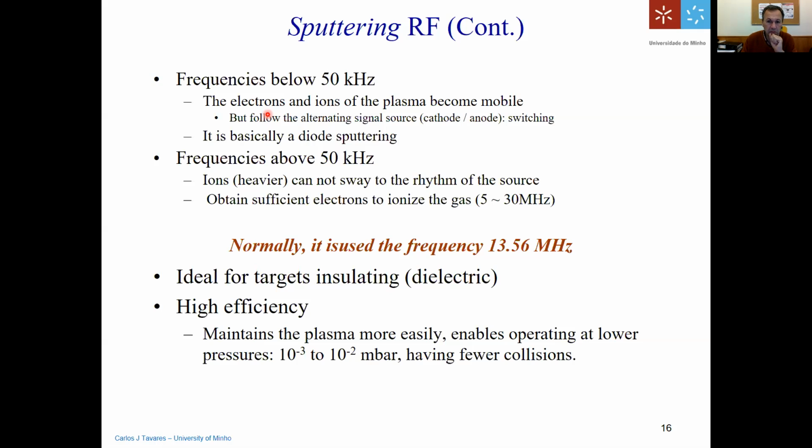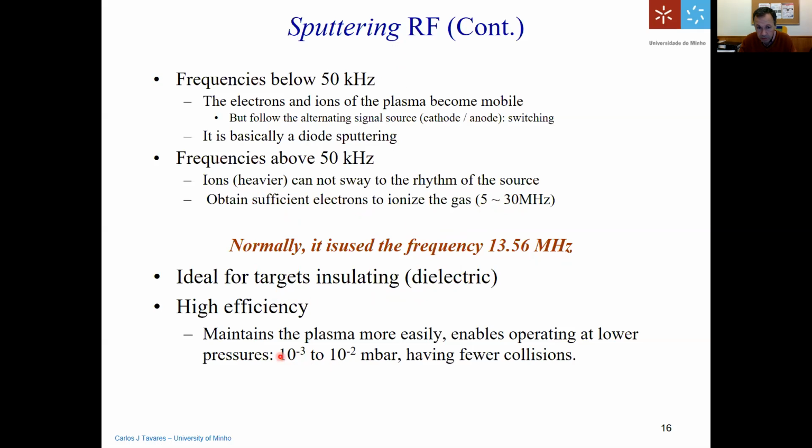Normally, we need frequencies between 5 and 30 megahertz to efficiently sway only the electrons, so that the ions will be unaffected by this alternating electromagnetic field. This frequency is important for targets which are insulators, which are dielectrics. You can sputter glass materials and ceramic materials, and you can only do this with radio frequency sputtering.